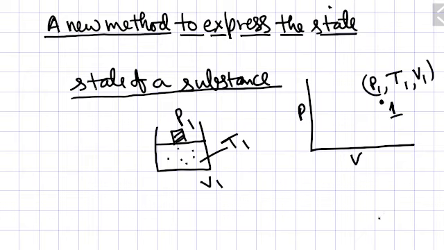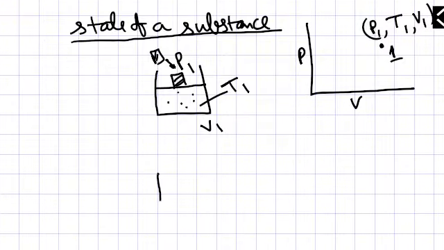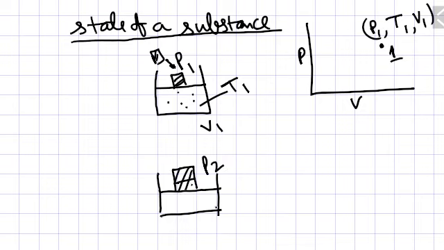So you need 3 parameters. Suppose you change the pressure, you put more weight here, so the volume will decrease and the pressure will increase. Suppose the pressure is P2, the temperature also changed to T2, and V2 is the volume. So where will this state come?